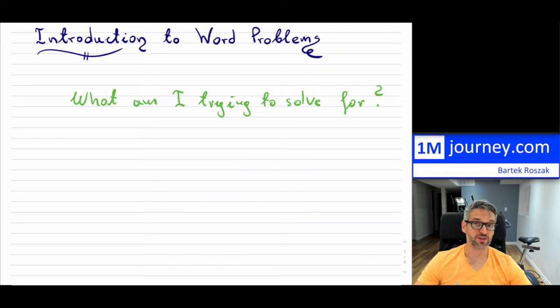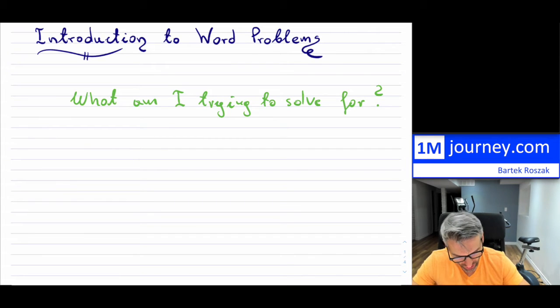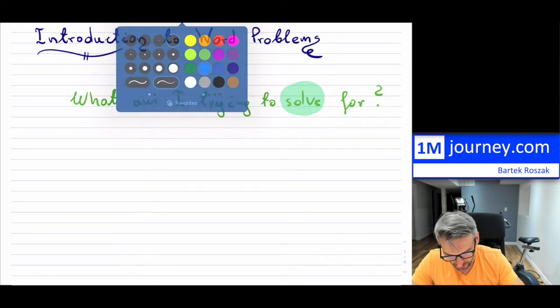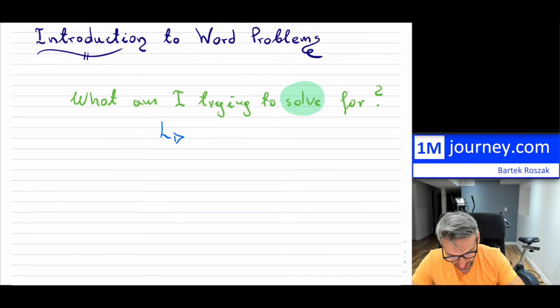Now, this question boils down to one particular answer, because no matter how lengthy a word problem in math or sciences or somewhere else might be, there's going to be one item that you're particularly trying to solve for. So the answer will be, what is the quantity that I'm trying to solve for?